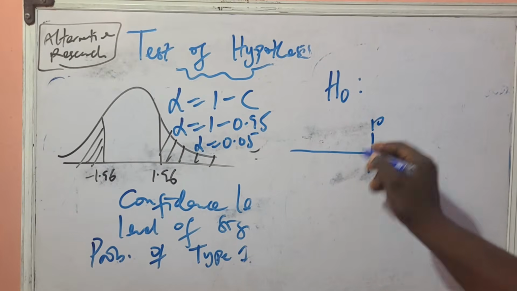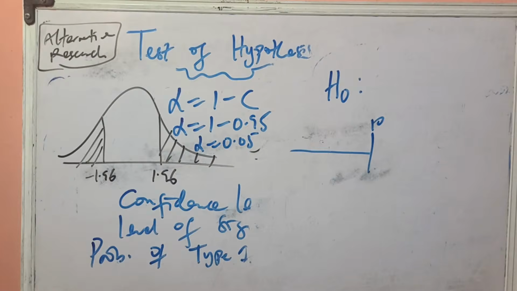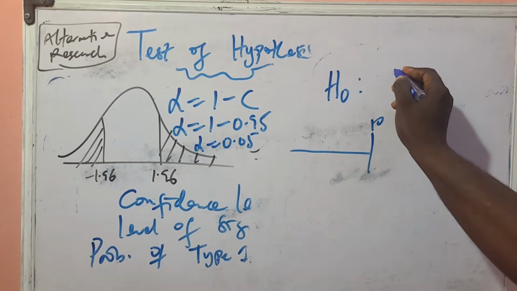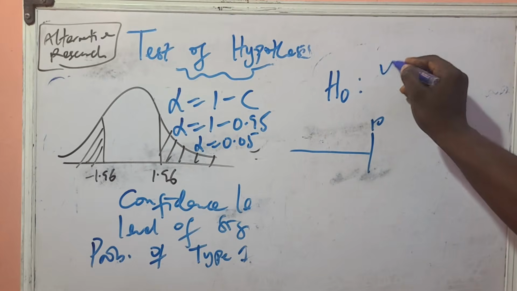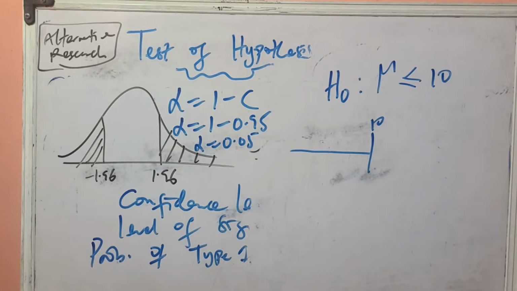If this is 10, not more than 10, it can be 10, but not more than 10. That means you're talking about mu being less than or equal to 10, because they said no longer than.